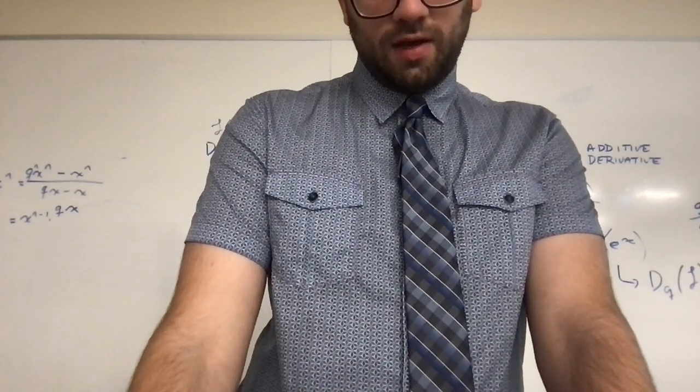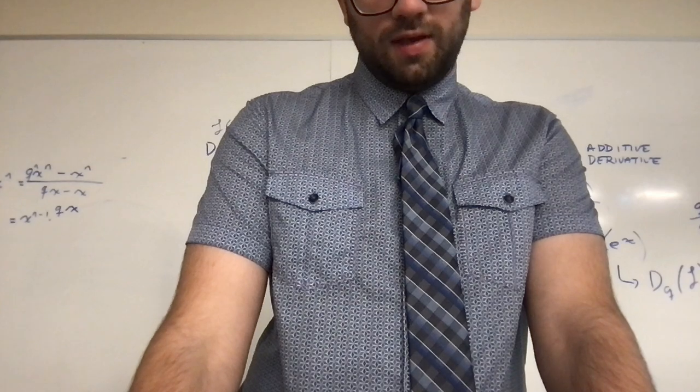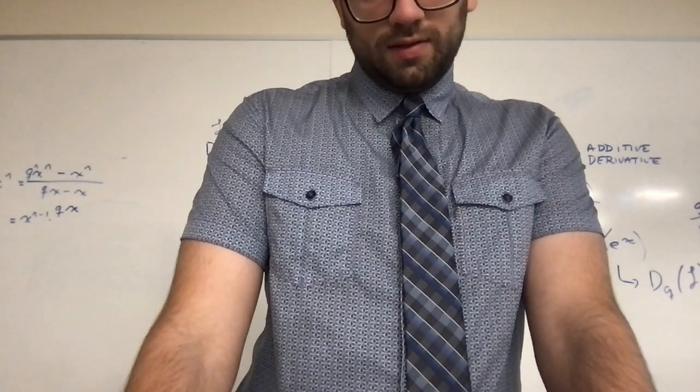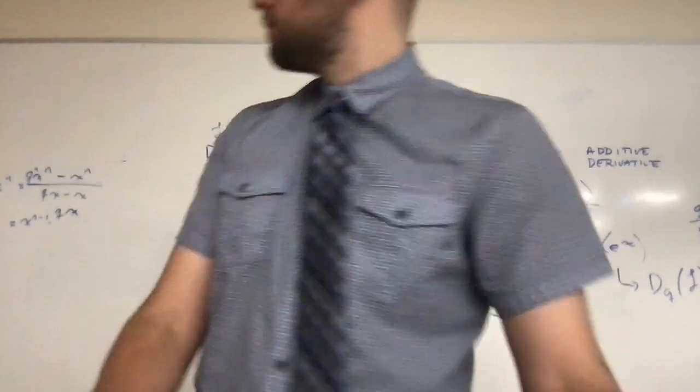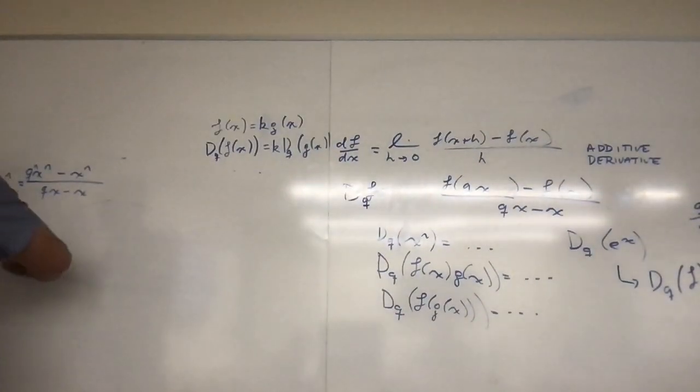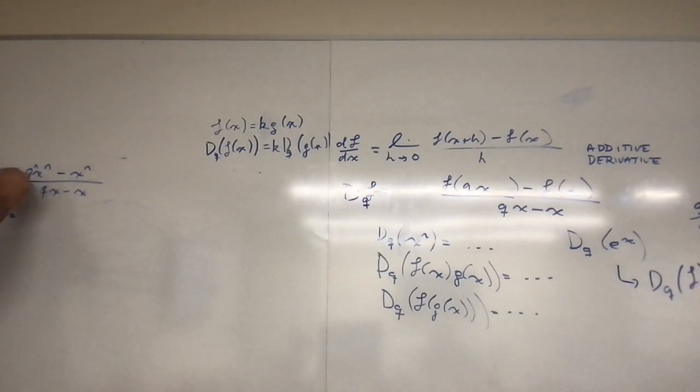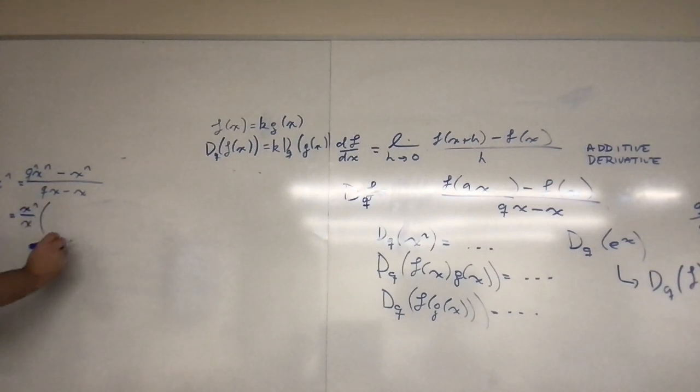I factored out x to the n from here and x from here, and I'm left with (q to the n minus 1) over (q minus 1).